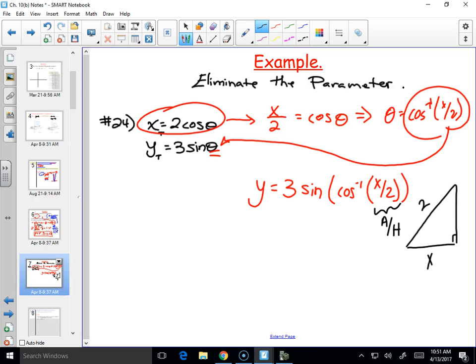And from that, I could do the Pythagorean theorem, from which I could figure out the square root of hypotenuse squared minus adjacent squared is the opposite. And then I could say, who's sine of this guy? And sine of this guy is going to end up being y equals 3 opposite over hypotenuse.